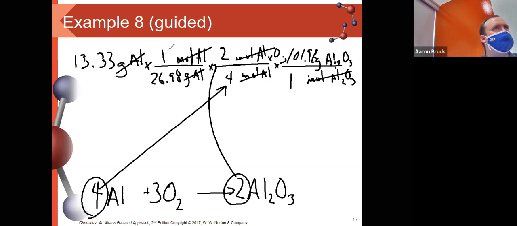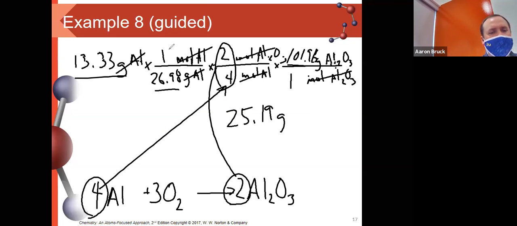How many significant figures should I have? 4. I started with 4. All my mass calculations at least have 4. This is an exact ratio, so it does not play into it. 4 sig figs would be 25.19 grams of aluminum oxide.